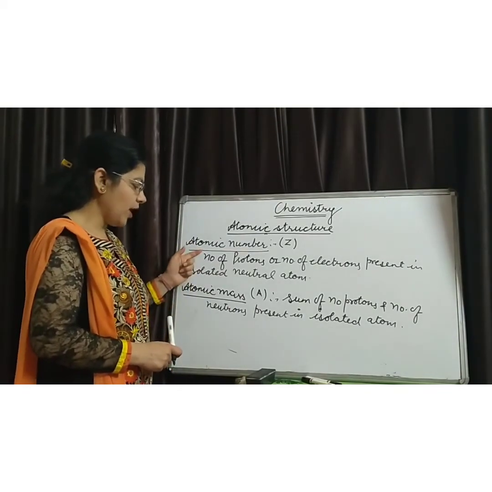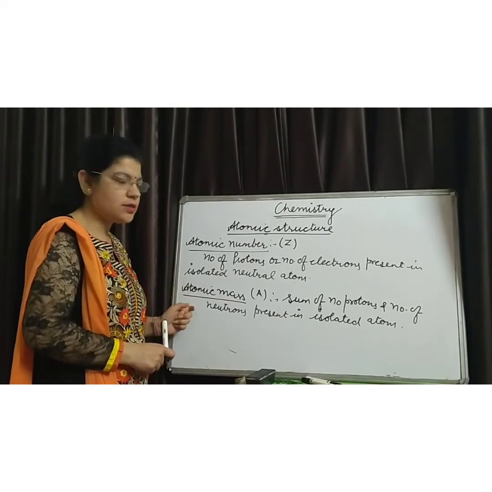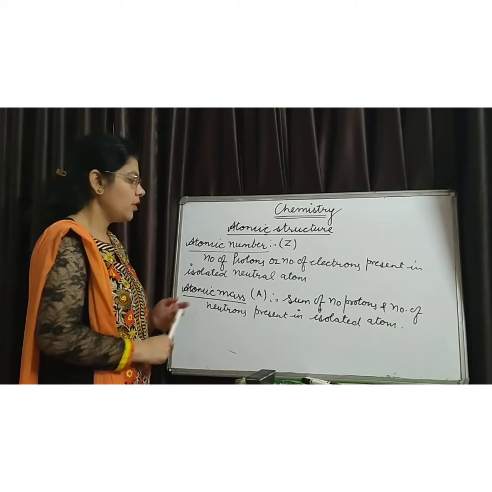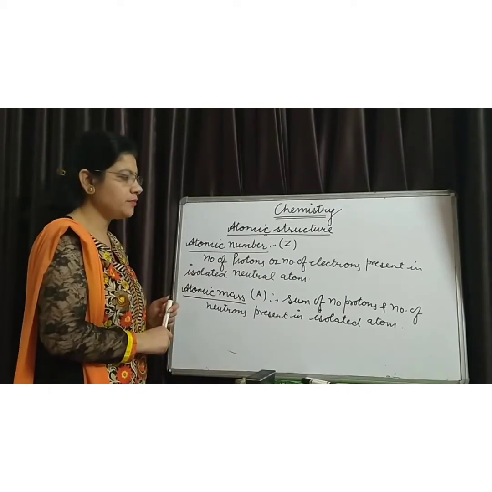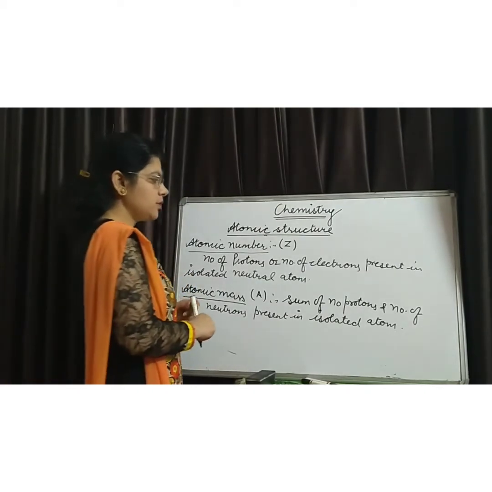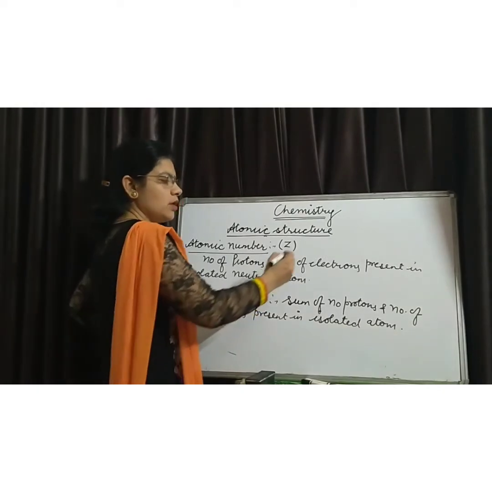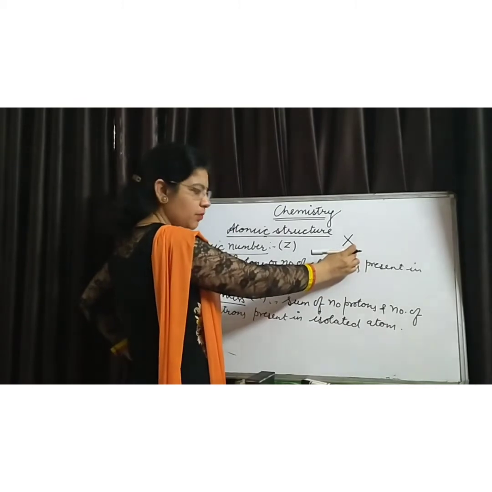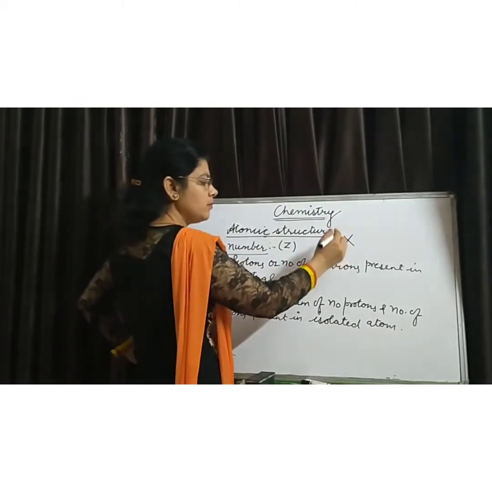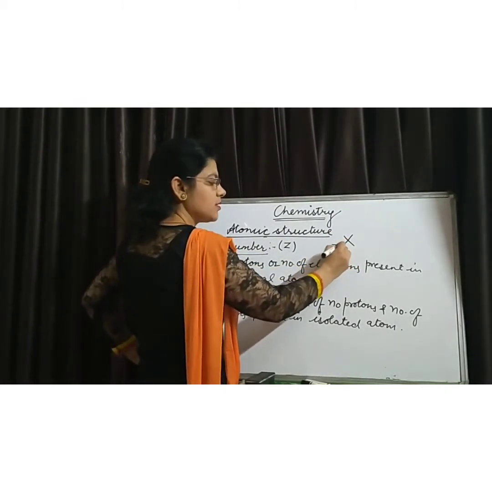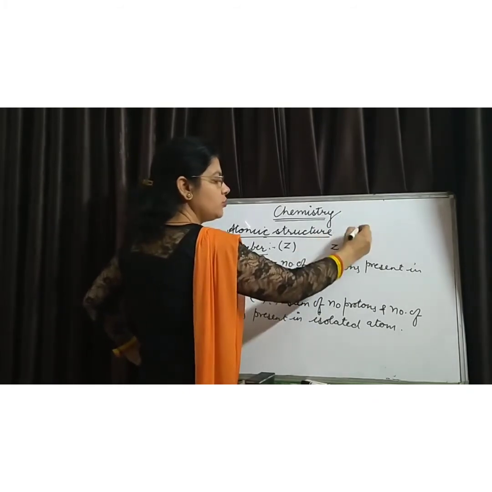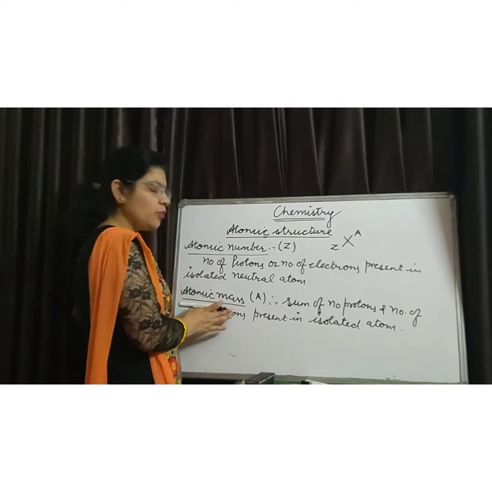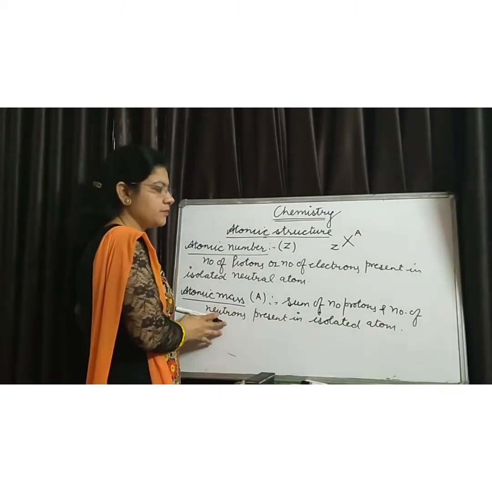With the help of atomic number and atomic mass, how can we represent the symbol of the atom? First of all we write the symbol of the atom, let X be the symbol. At the bottom we represent its atomic number, and at the top we represent the atomic mass of the atom.